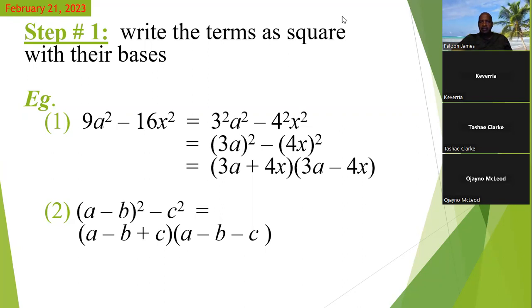And so you would have seen that from here, we take the base of this, the base would be what? A minus B for the first term, then we put in the C. So we could write that as A minus B plus C. And then we take the A minus B again.